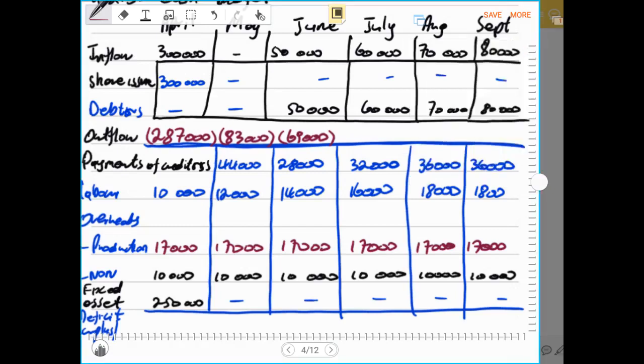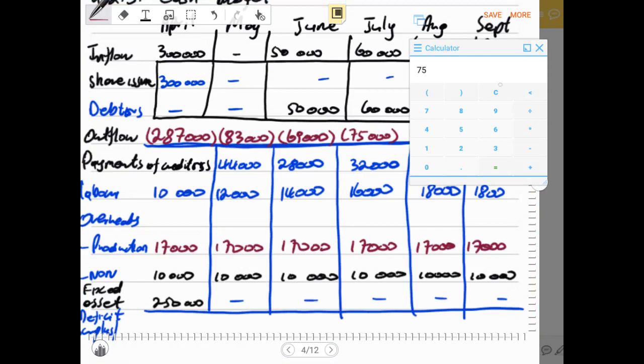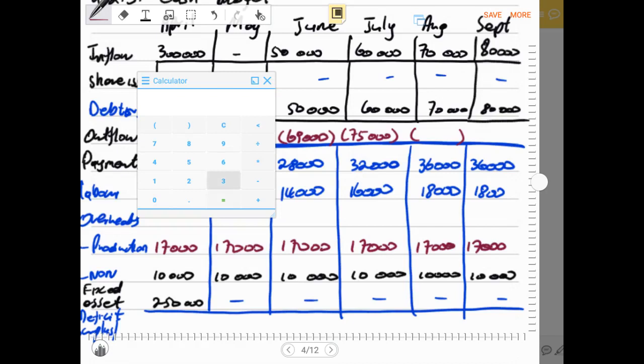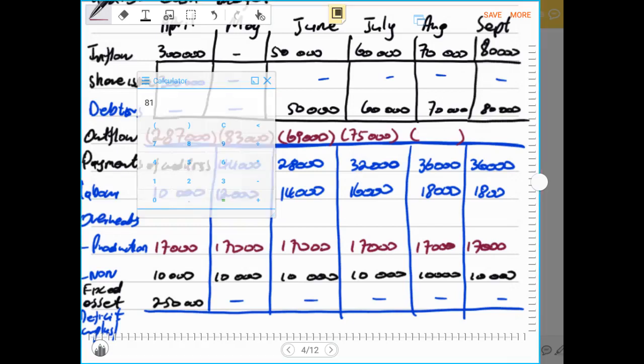So now that will be 75,000, and we record that as 75,000. Then again we continue to the one before the last. Then we say 36,000 plus 18,000 plus 17,000 plus 10,000. That gives us 81,000.